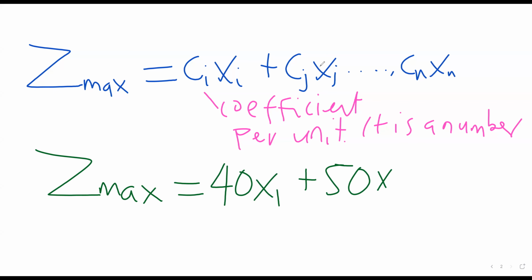Of course, if there was another one like Fan Ice, we would have had a coefficient for it, and then that would be X3. So this is how you formulate the objective function. After you formulated the objective function, then you are now good to go forward. Now, if you don't understand how I formulated this objective function, you just raise your hand and I'll just clarify it.